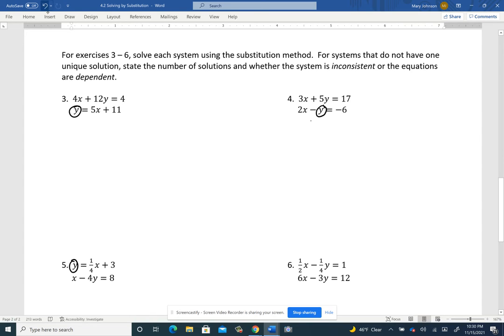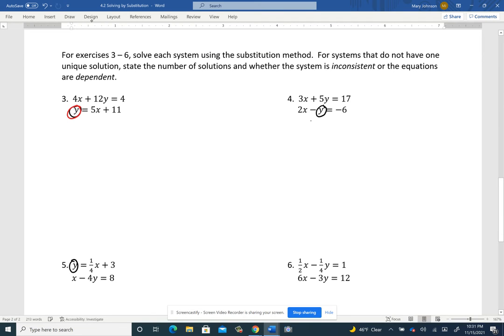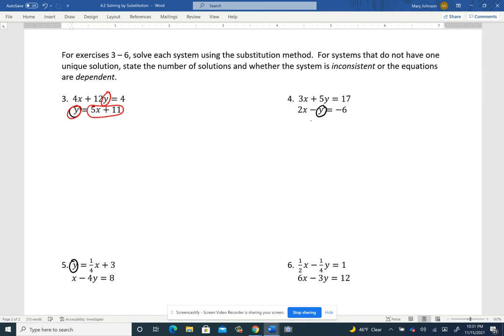All right, so let me take a look at question number 3. Remember, you can pause the video, work it out, and then check it. Okay, so at the point of intersection, the y should be the same. I've got the y by itself on that second equation, and I know it's got the same value as 5x plus 1. So I know that I can just replace the y with 5x plus 1.